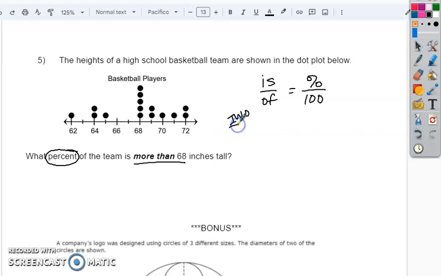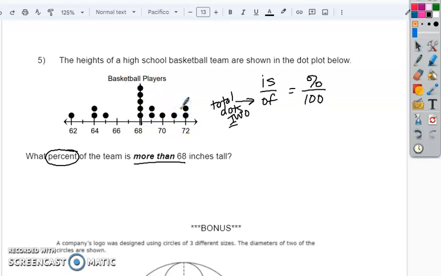So I need to find the total. So I need to count all the dots and put that on bottom. Put the total dots on bottom. Then on top, I need more than 68. That means I'm not counting that. I don't count that. I count these here.